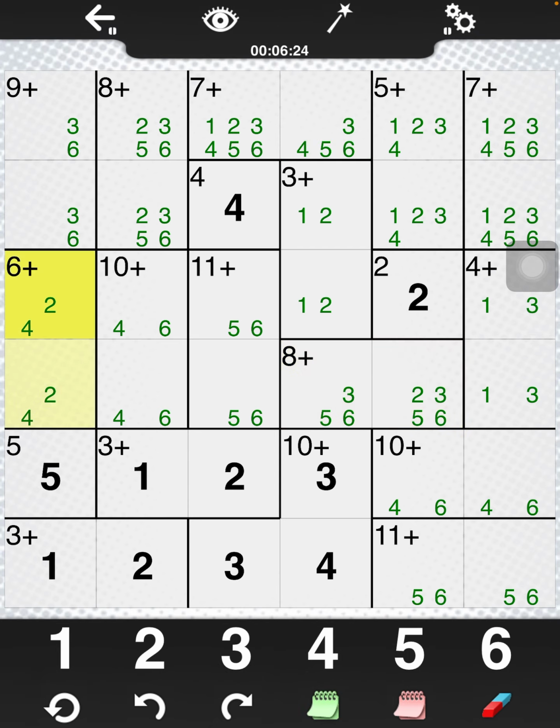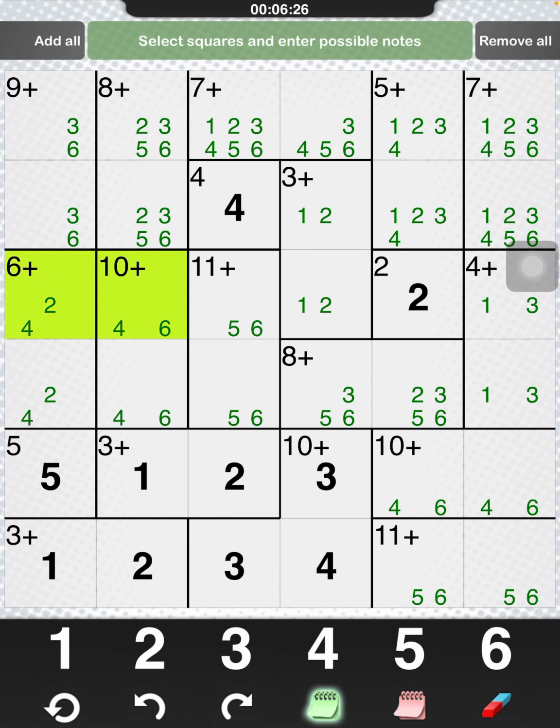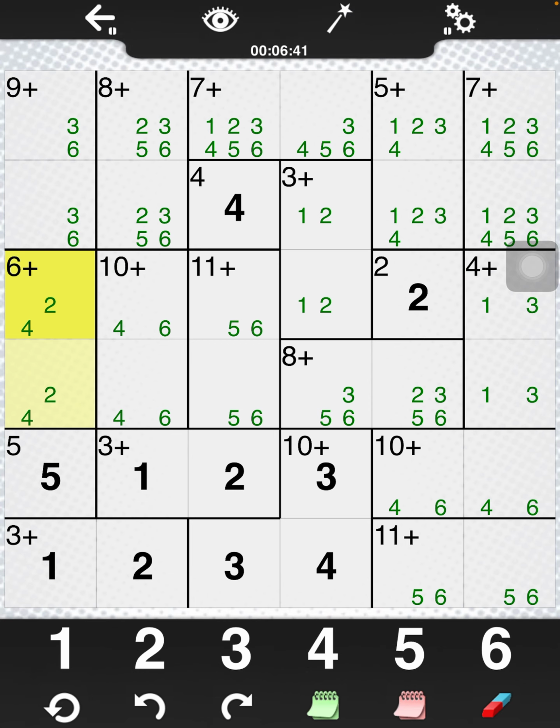Now I'm on the 3rd row. I have my 2 right here. This is a 2 right here. If I have a 2 here, and I have a 4 and 2 here, this one here can only be 4.